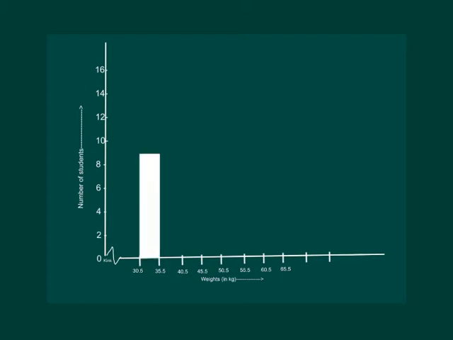We now start drawing rectangular bars of width equal to the class size and the length equal to the frequency of the corresponding class interval.